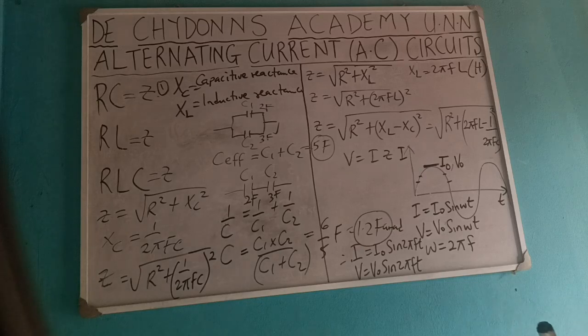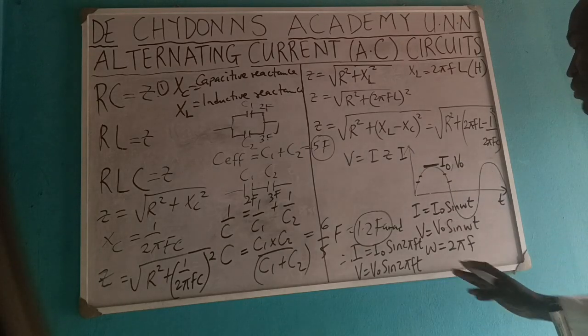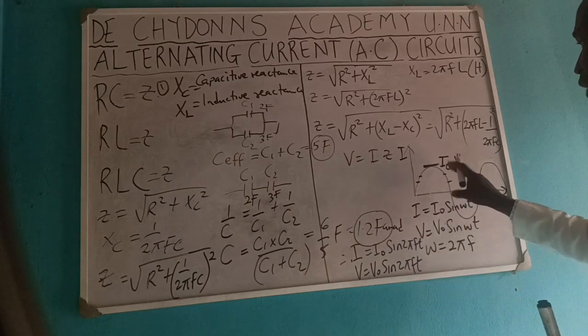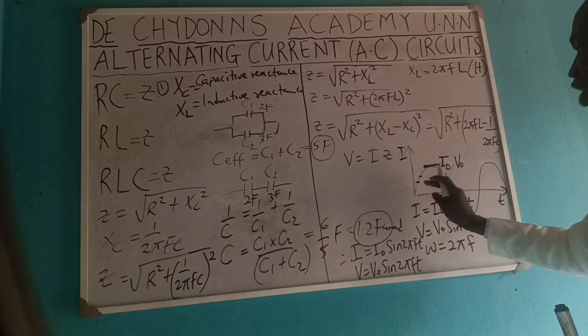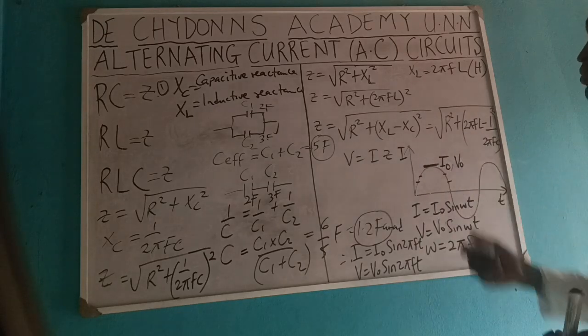That is just it. You need to understand the relationship between the peak current, peak voltage, and the current at any of these points that are not the peak, that are not at the maximum.